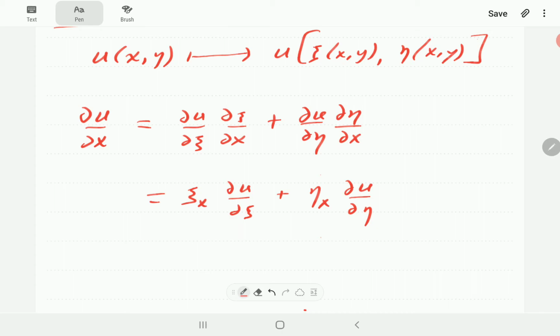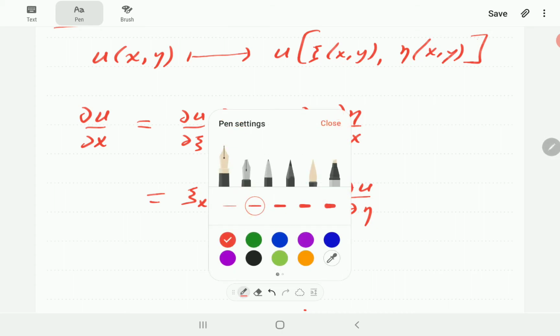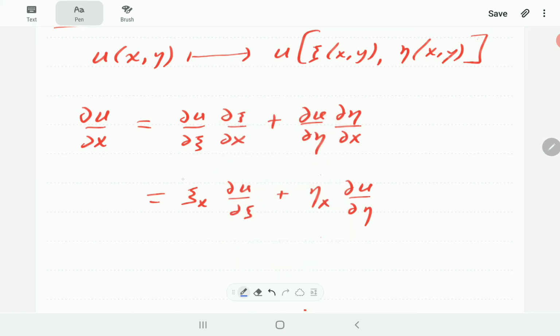Before we do the second order derivative, it is important to note that the xi and eta are functions of x and y, while the u's are functions of xi and eta. Okay, so xi and eta here, x and y here.